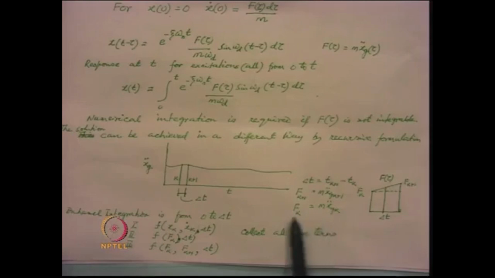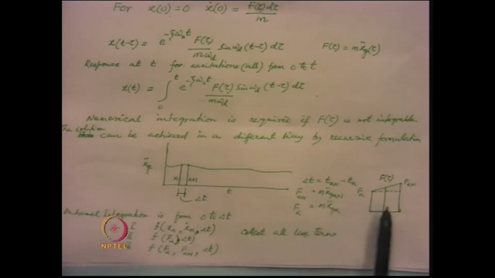So, in a time marching algorithm, what we do is start with 0 time, and at 0 time the displacement, velocity and acceleration are known, and then we obtain the response at the next time step, that is, after the interval of delta t, and then we proceed in this particular fashion.